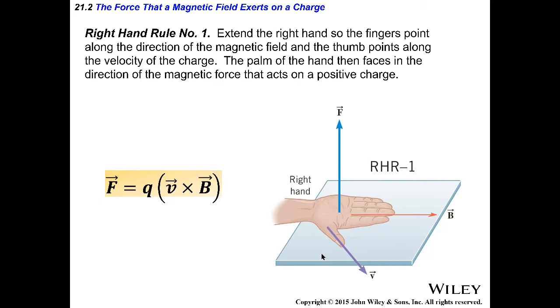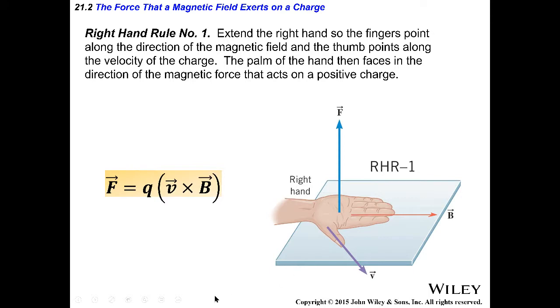What do I do? I turn my hand so my thumb is downward. Then I say, no problem. I was going in this direction, and now your magnetic field is the backside. My thumb is downward, therefore the force on me is downward. That's what this V cross B is showing me.